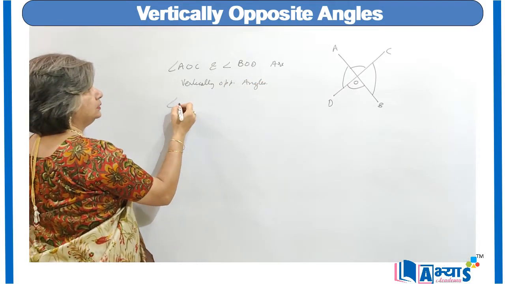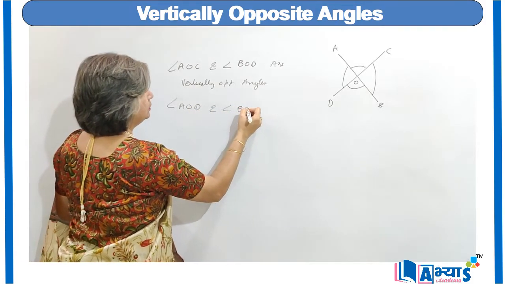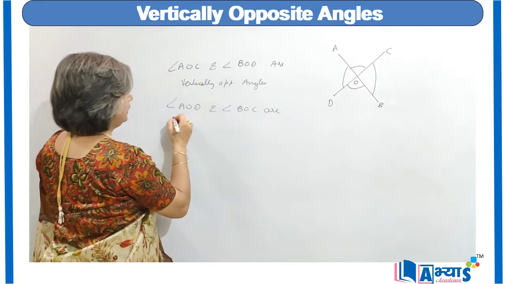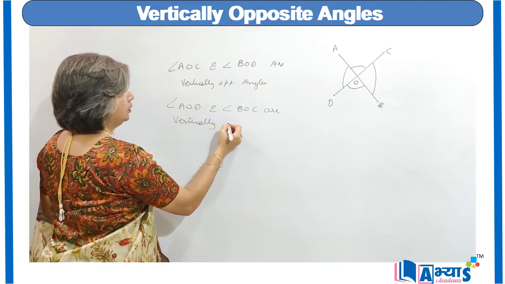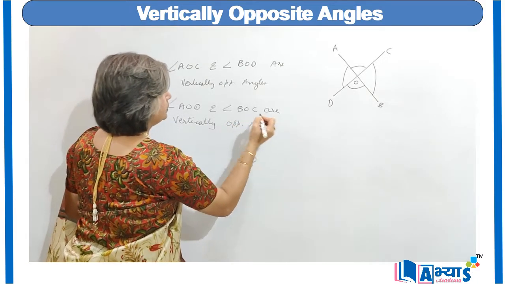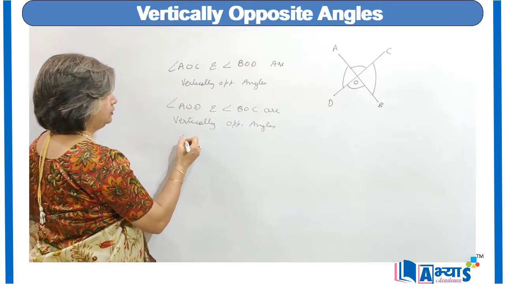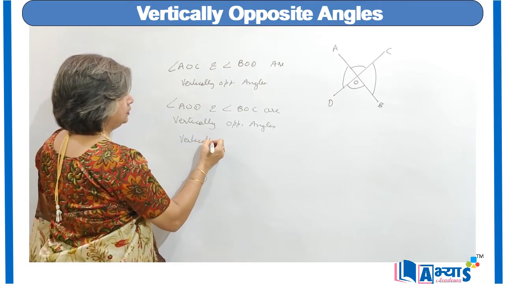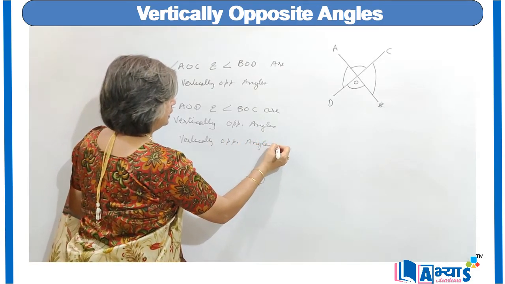Similarly, angle AOD and angle BOC are vertically opposite angles, and we know that vertically opposite angles are equal. That means, or we can say, vertically opposite angles are equal.